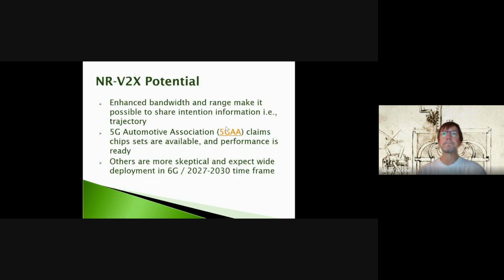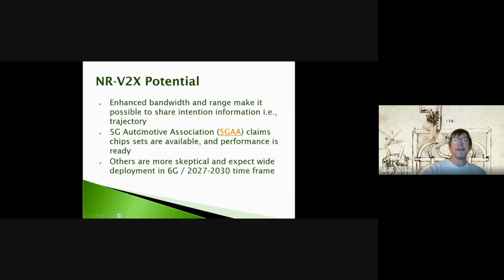So to wrap up then, this is the new radio V2X potential. That's the 5G and maybe eventually 6G system, right? Enhanced bandwidth and range make it possible to share intention information, in other words, trajectory.